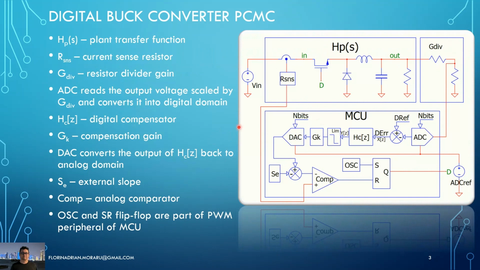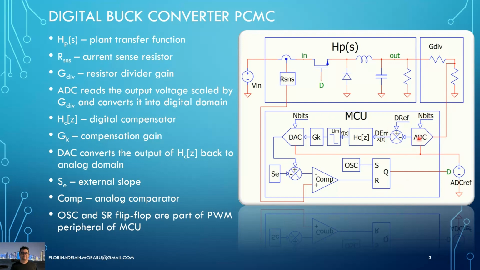As we can see here in the picture, we have the power stage of the buck converter, as we know already, and we have on one hand the output voltage, which is scaled down by a resistor divider. So we have this gain of the resistor divider, and then we have the MCU.